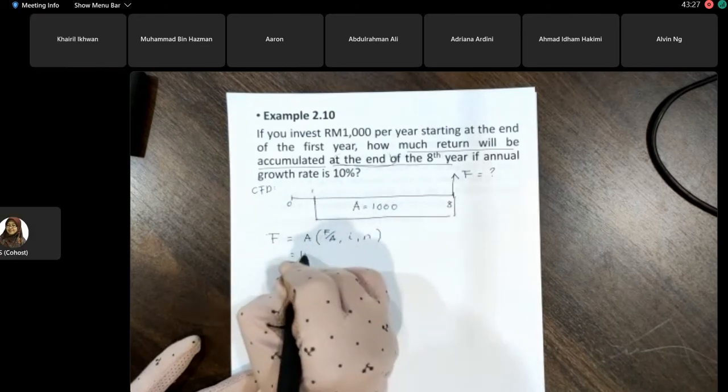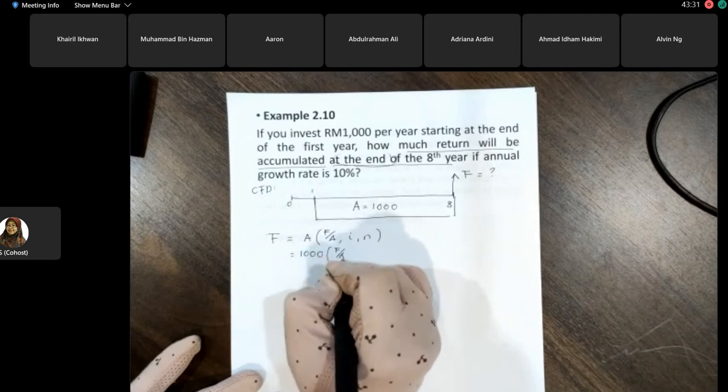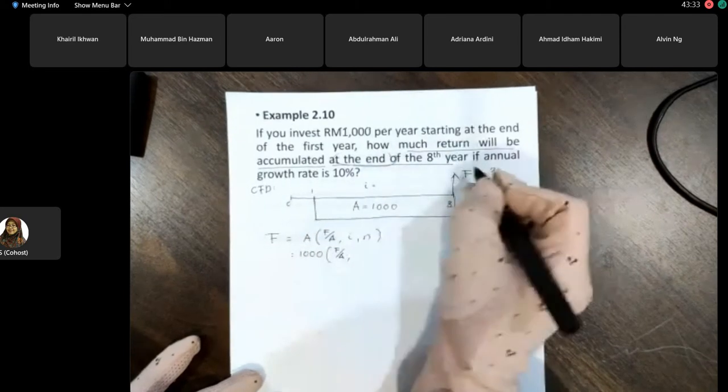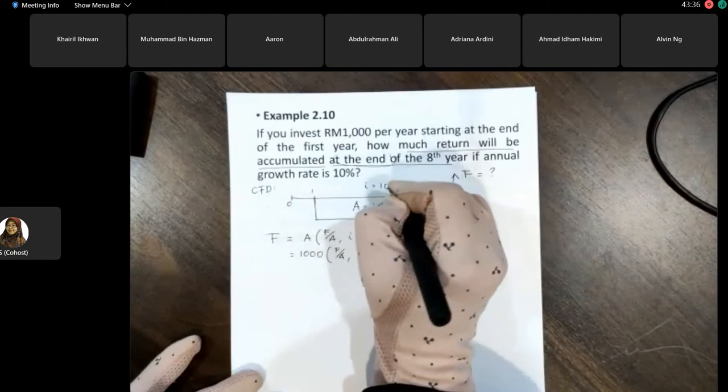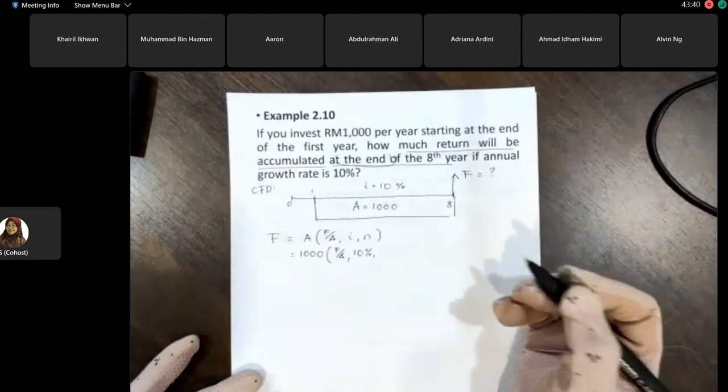A is 1,000 ringgit, i is 10%, and what is n?